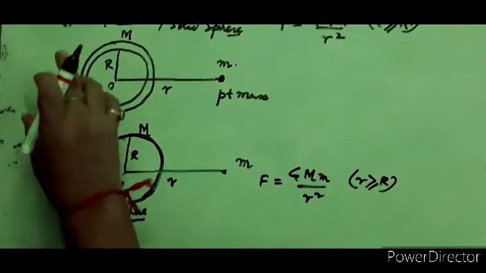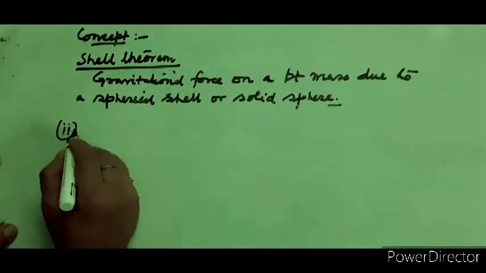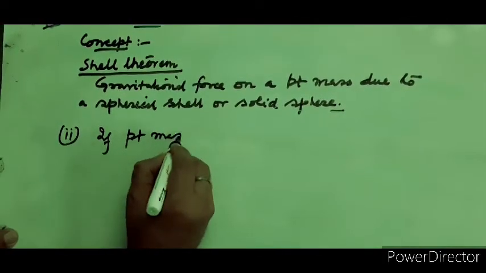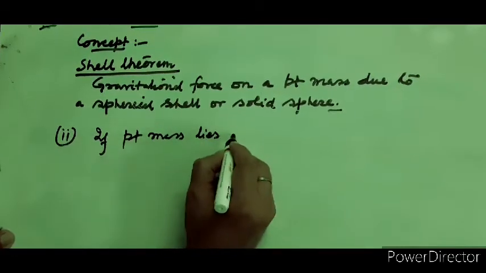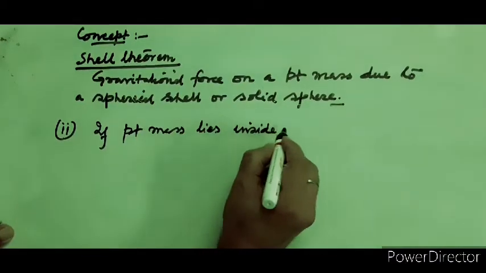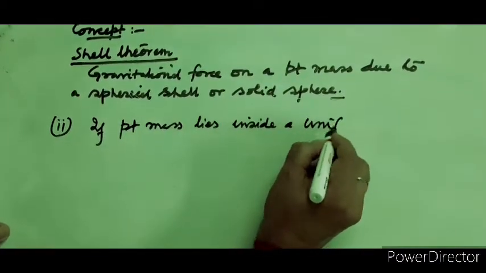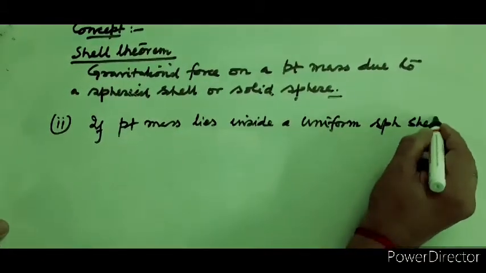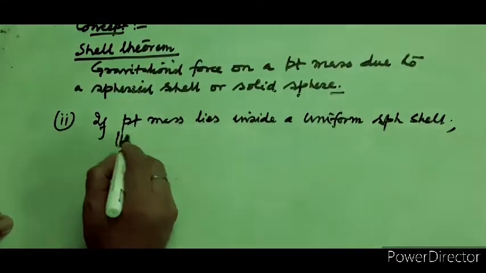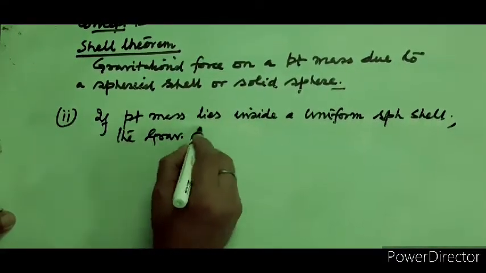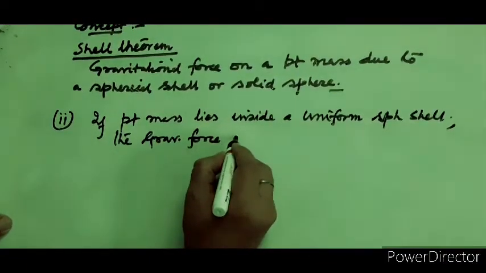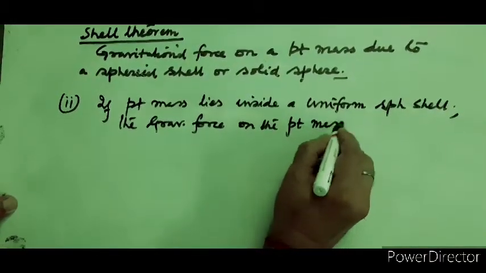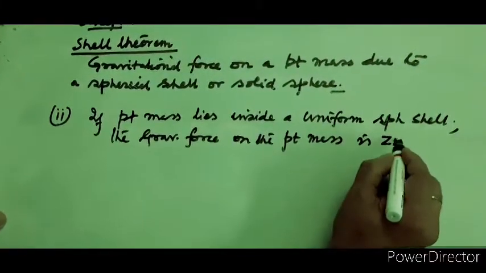Now the second case: if the point mass lies inside a uniform spherical shell, the gravitational force on the point mass is 0. That's an interesting case.